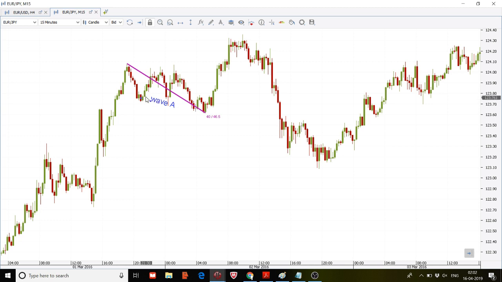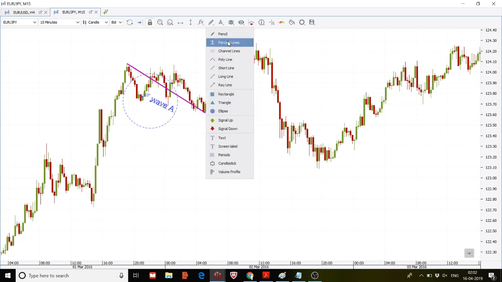What did we do? We joined the line from the end point of the fifth wave to the lowest swing low in the next series. So we have got wave A. Let me mark wave 5 as well.